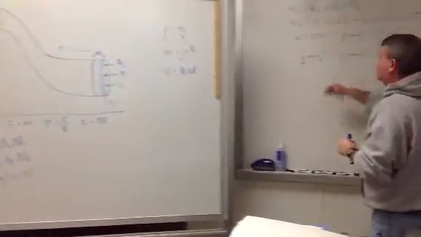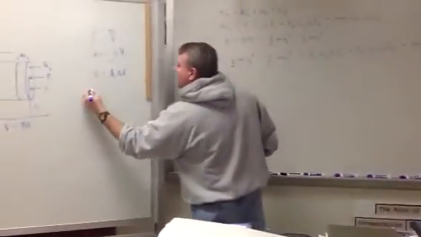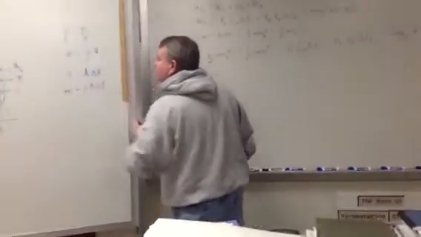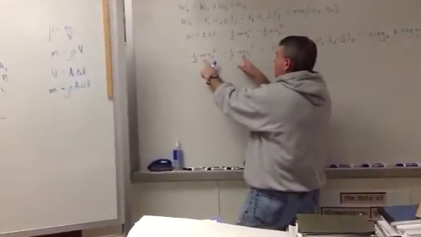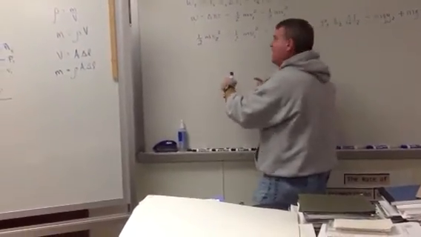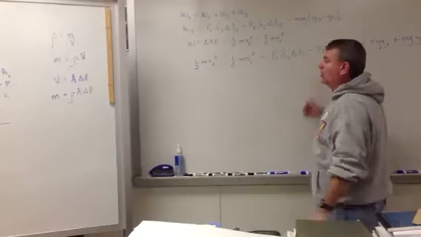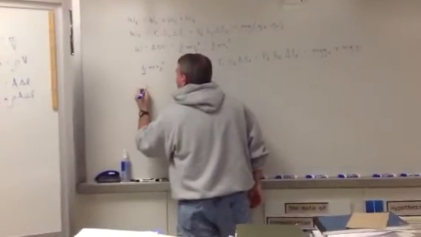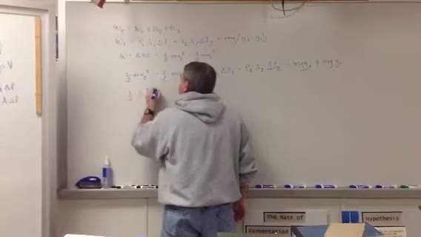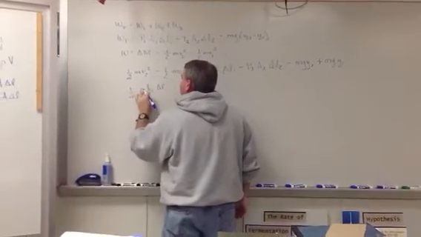So mass is equal to density times area times change in length. Every time we see a mass, we're going to call it rho A delta L with the subscript 2 or 1. So this becomes 1/2 rho 1 A1 delta L, this is 2, V2.